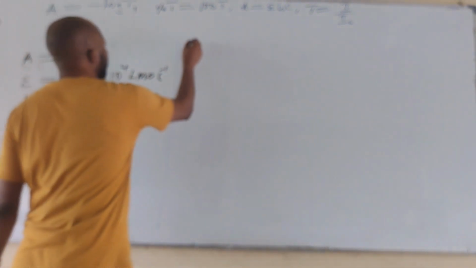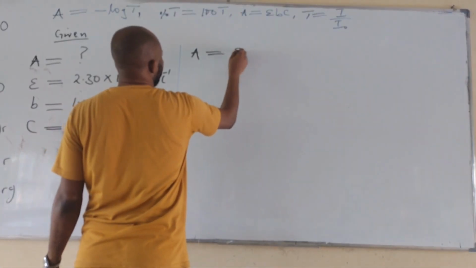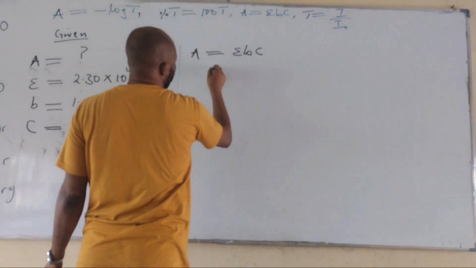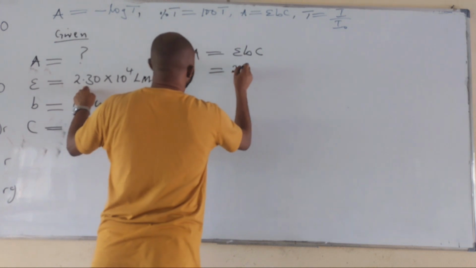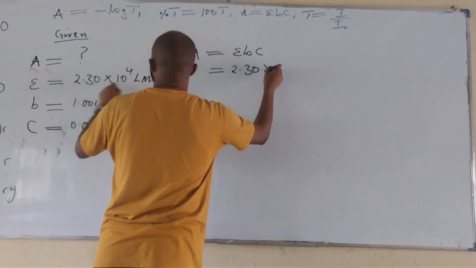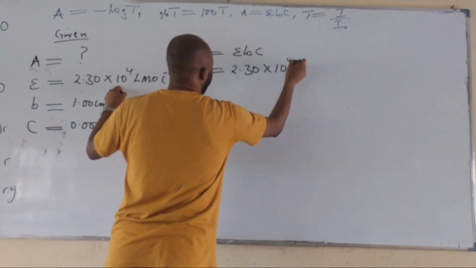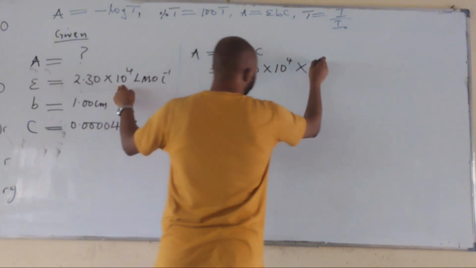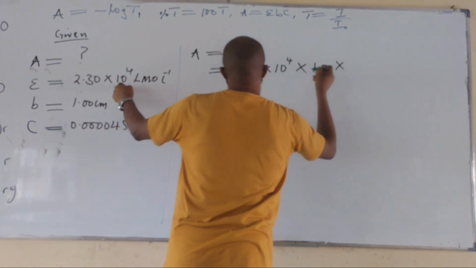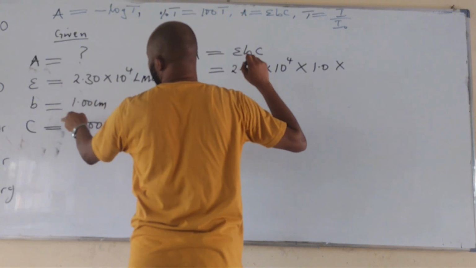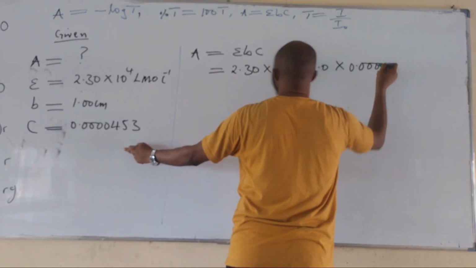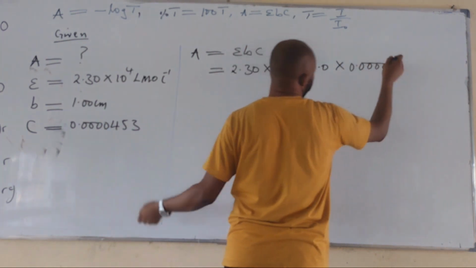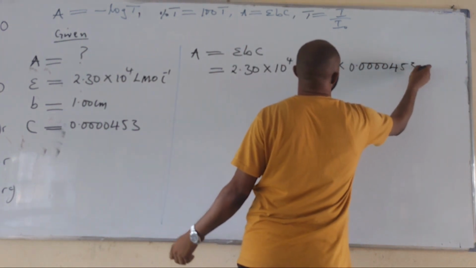So they are asking us what the absorbance is. Absorbance is equal to EBC, where epsilon is 2.30 times 10 raised to the power 4, the path length is 1.0, times the concentration, 0.0000453.